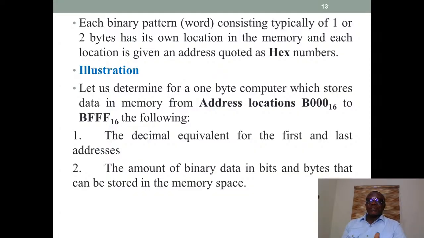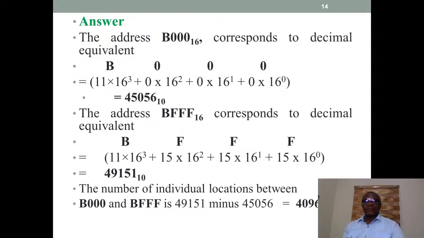And the question is asking us, what is the equivalent of this B000 in decimal? Because as human beings, we understand decimal better. And what is the decimal equivalent of the last address, which is BFFF? So let's go on.